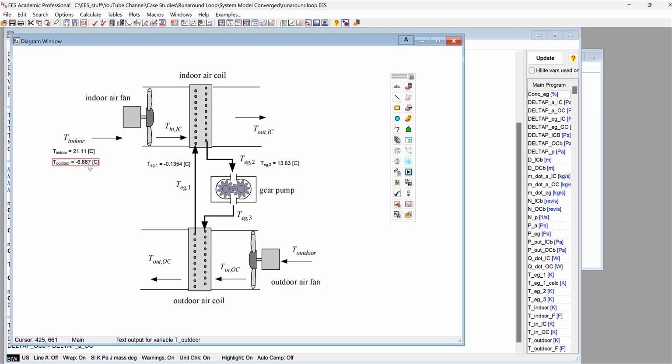So you kind of see how this is a pretty convenient way to look at the outputs of the model if I want to. It makes sense, right? I go into 21, and this ethylene glycol is getting warmed up, and then it comes down here, and this is going in at -6, so this ethylene glycol gets cooled down, and you go around and around like that. I can put other things like powers and stuff like that on here. I could even turn this into a fully functioning graphical user interface if I wanted to, but that's a different video.